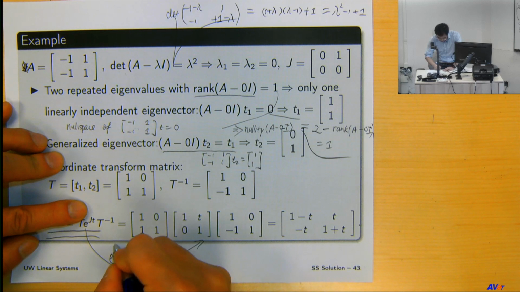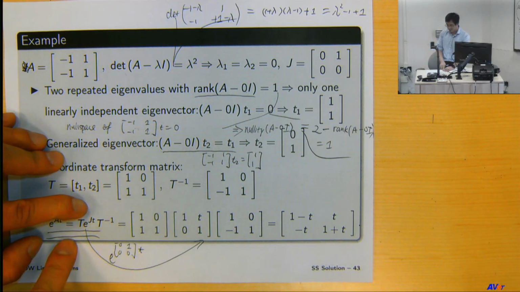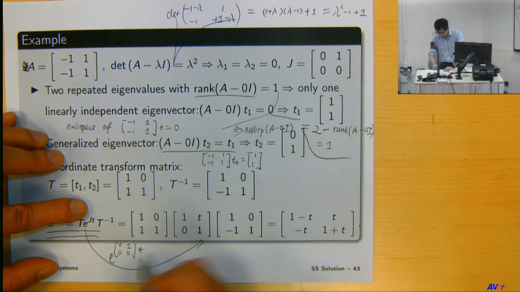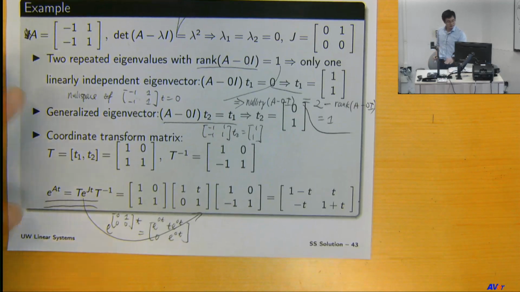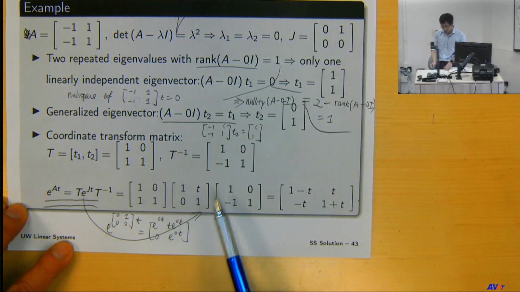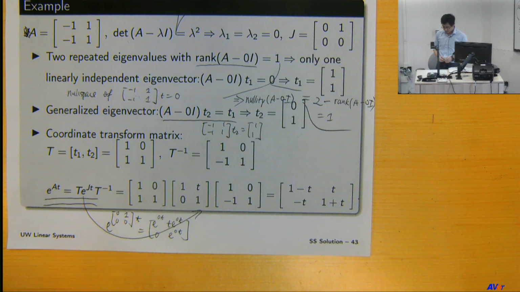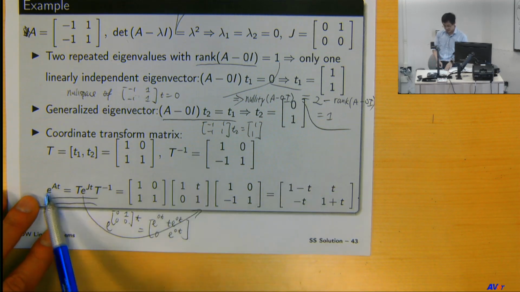So it's e to the 0, 0, 0, 1 T, right? From the Jordan form solutions, this is equal to e to the 0T, e to the 0T, 0T, e to the 0T, which is 1, 1, T, 0. And then you can multiply things out and get e to the power of AT.